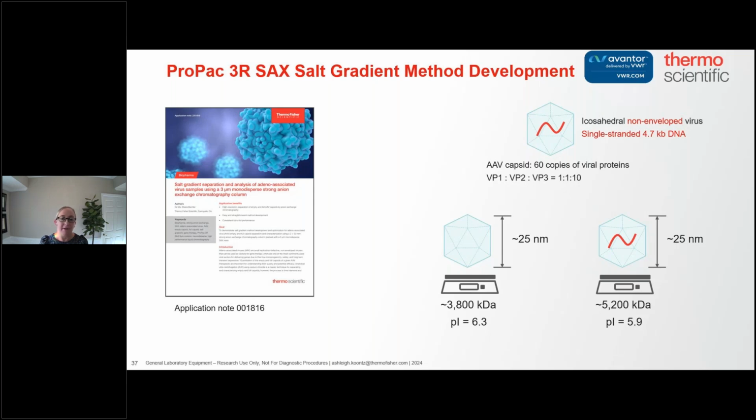Again, looking back at the size of your AAV being around 25 nanometers, if you have a single linear strand of DNA, you're going to have some additional weight associated there. So you can utilize this SAX anion exchange to determine your empty versus full capsid content.